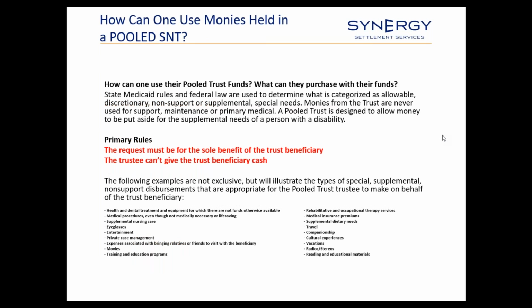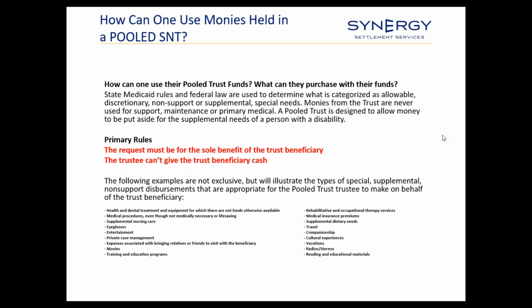How can people use money? You can see this is very small in this scenario, but it gives you an idea that the main ways people can use money from the trust are for anything that is not food, shelter, and not cash. In order to use funds, typically the trustee will ask themselves three questions. One, is this in the best interest of our trust beneficiary? Two, do we have the money to pay for it?